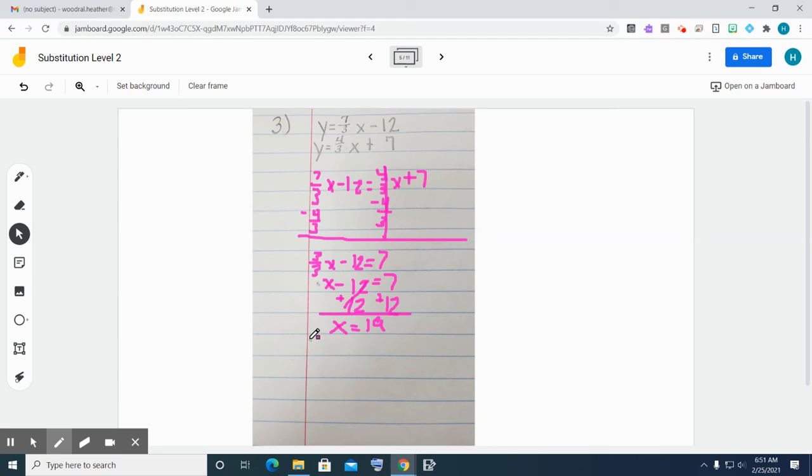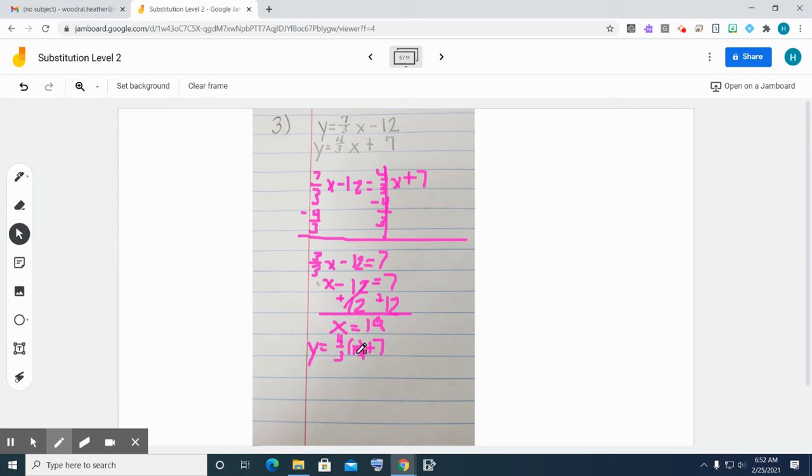All right, so next step says we're going to plug it in. So we have y is equal to, and choose either equation. Let's do 4 over 3 times 19 plus 7, sorry. Okay, so 4 over 3 times 19.